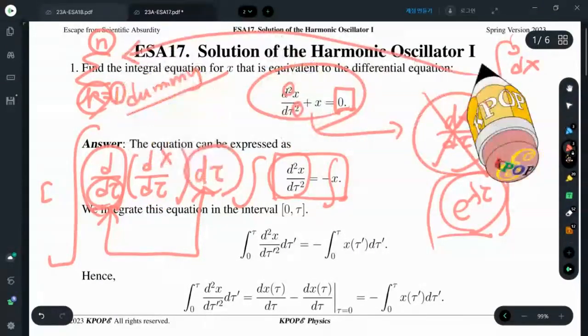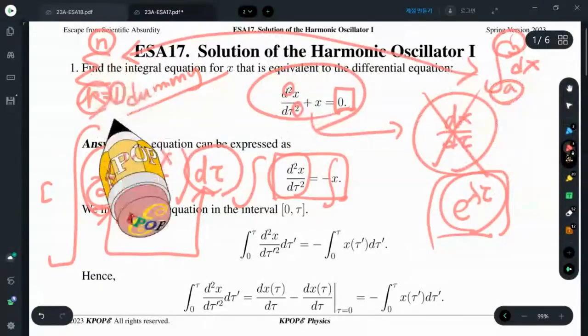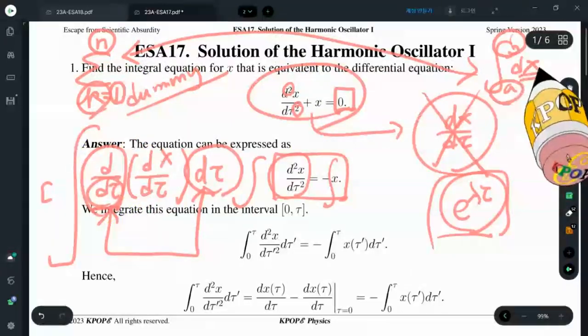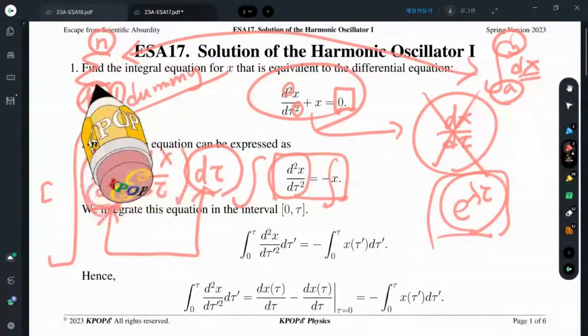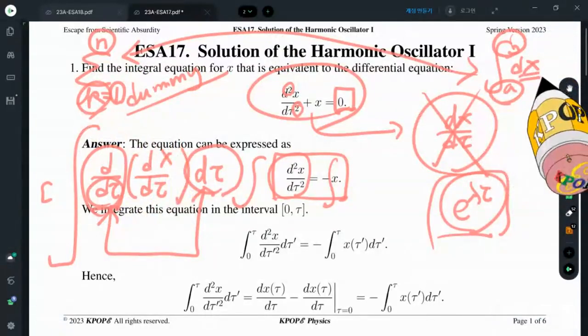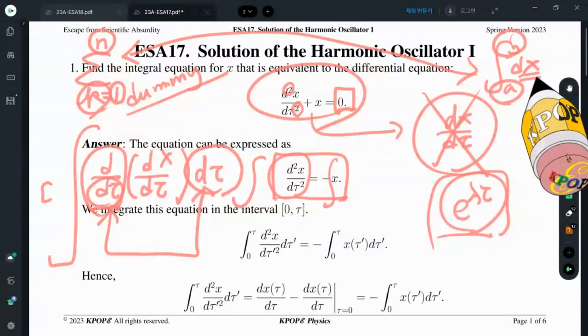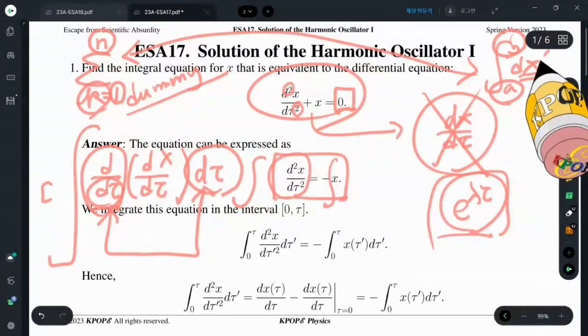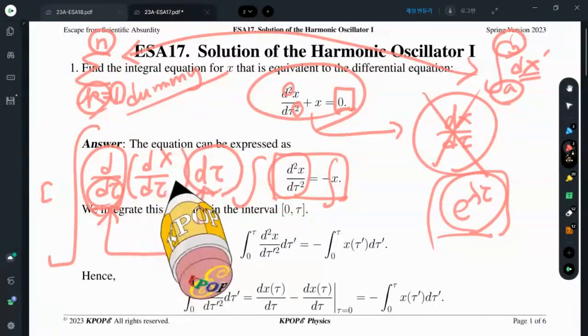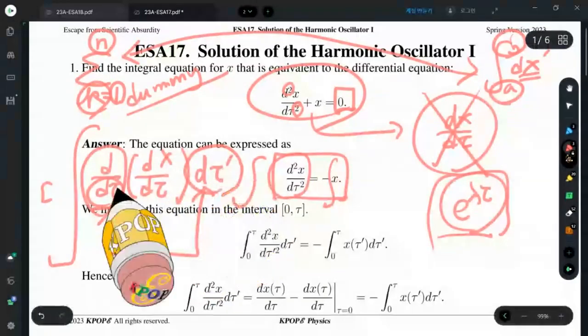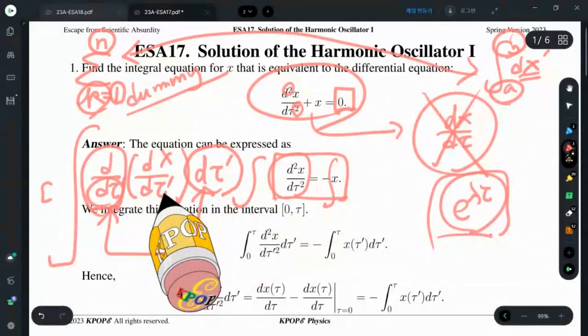So these are equivalent. They survive. However, this one is something like k, and we would like to express this one as a dummy variable. So this one is tau prime.